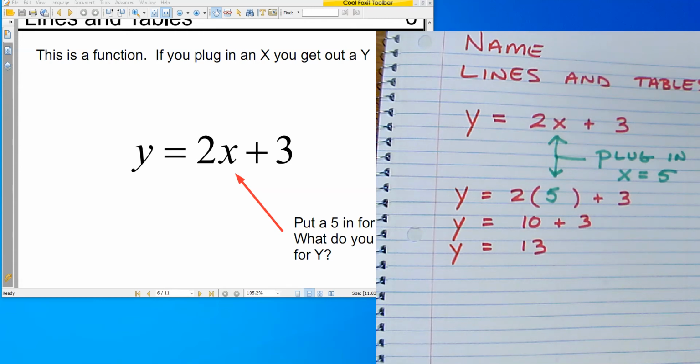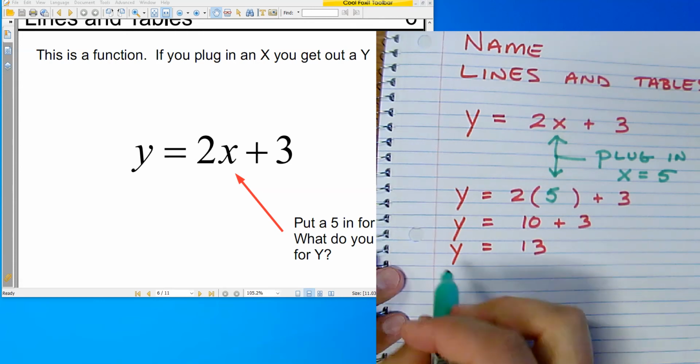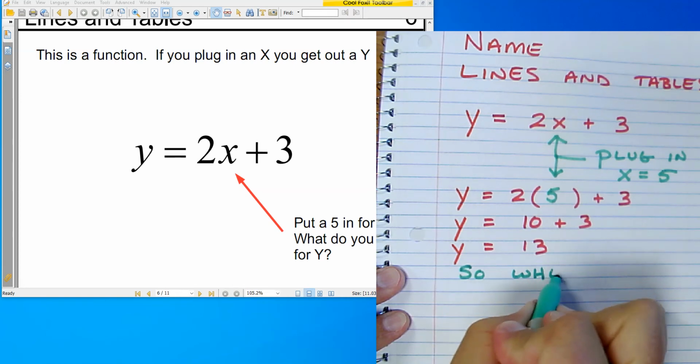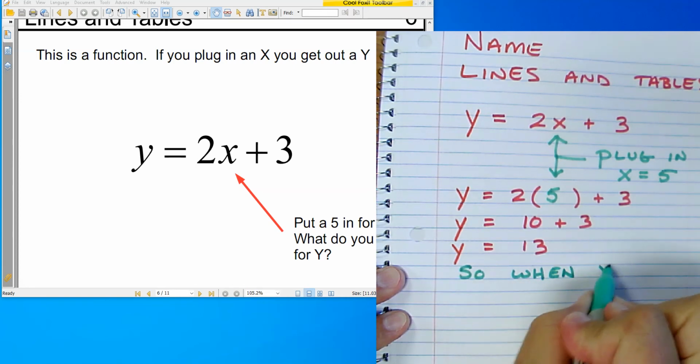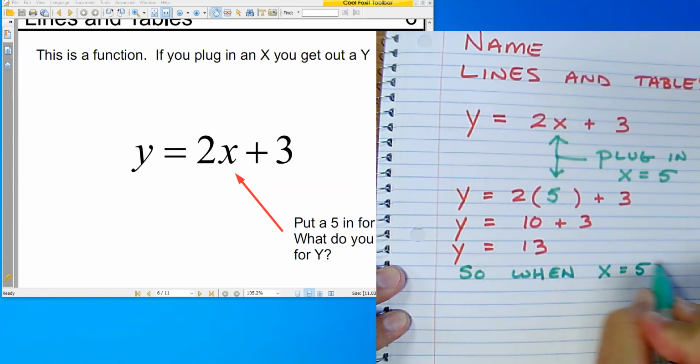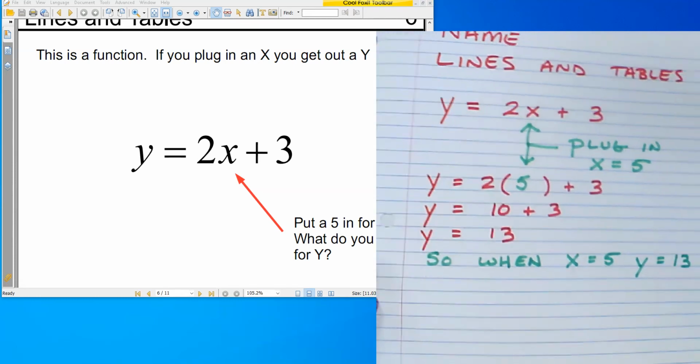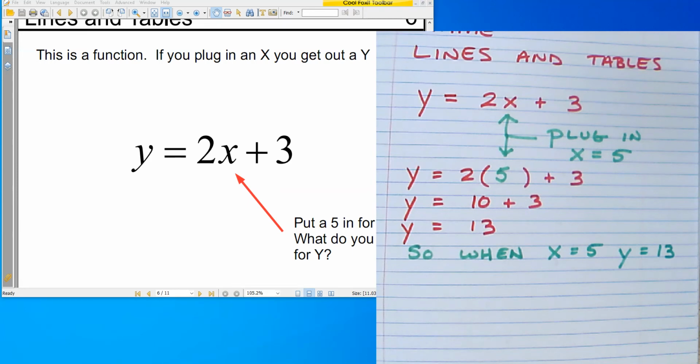When x equals 5, y equals 13. That is how you evaluate a function, by plugging in the x and getting out the y.